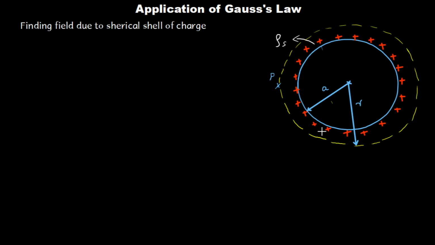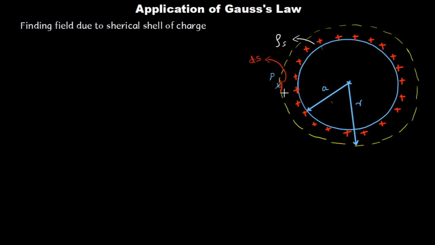So initially I will consider a small surface where this point P is lying. So this is my small surface on the Gaussian sphere, and let me consider a D vector, that is the flux density of this small surface. This small surface is notated as ds.